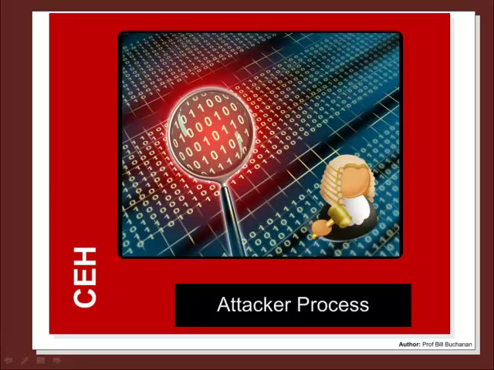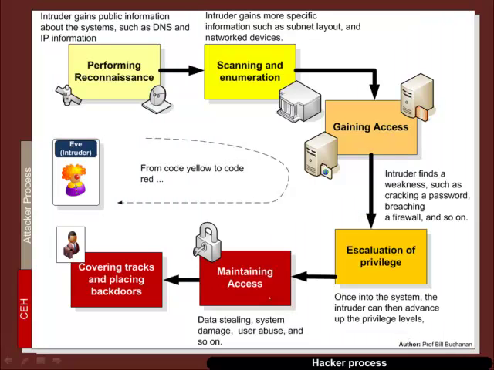As a final thing, we'll have a look at the basic attacker process, which we'll build on in following units. That often involves 6 main steps that an intruder might go through, each becoming a higher escalation.